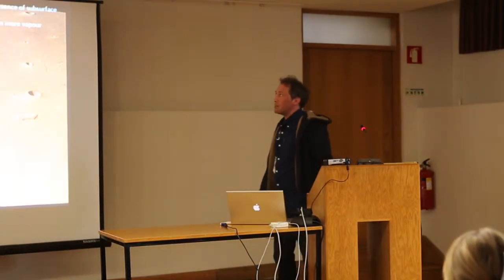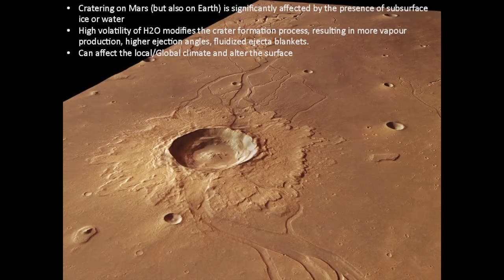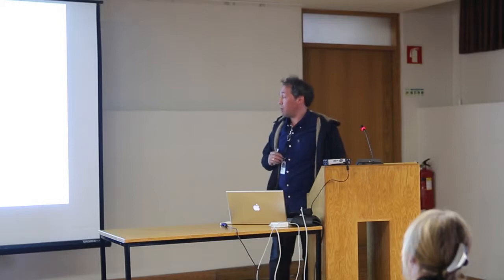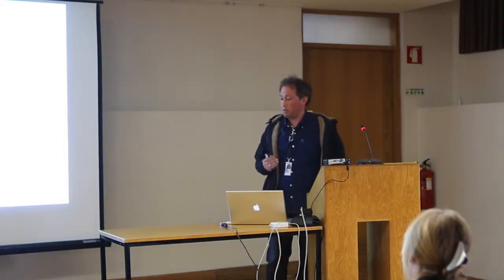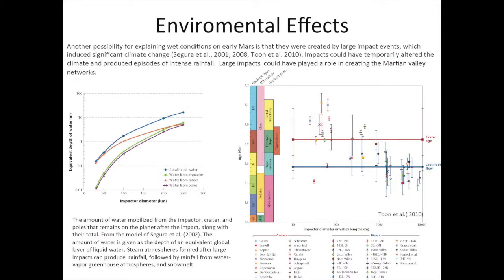The particularity of Mars is that in the subsurface we have ice, and that changes the impact process. It adds more vapor to the atmosphere, and can affect local and global climate. So one possible mechanism to create a wet environment, maybe not stable but episodic, is a large impact on Mars that can mobilize the water under the surface and at the poles.